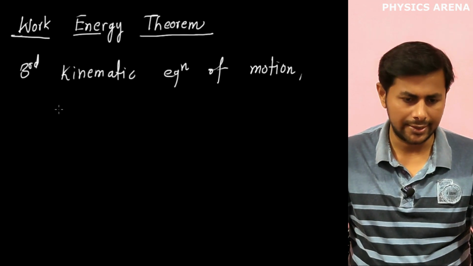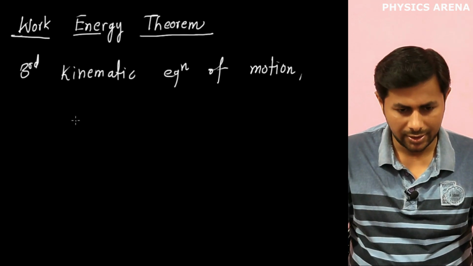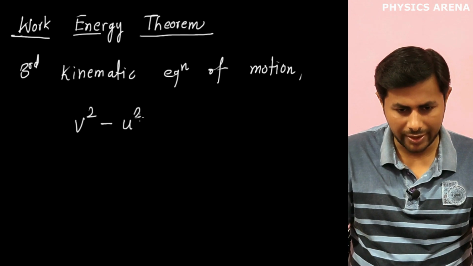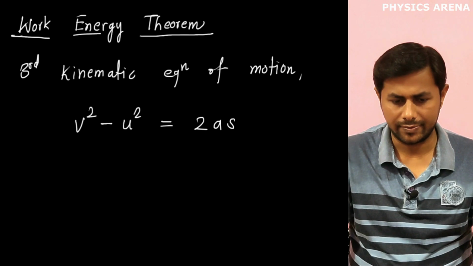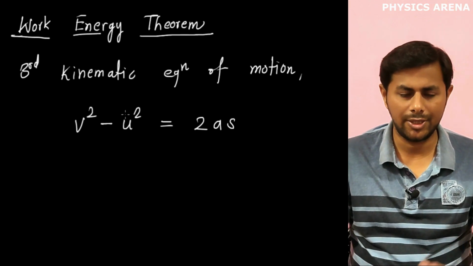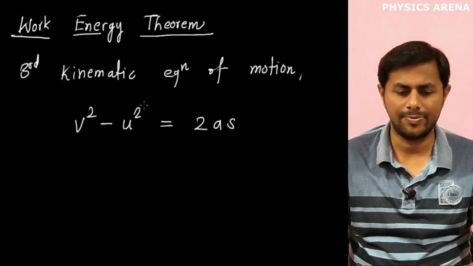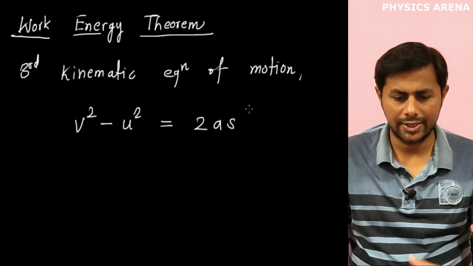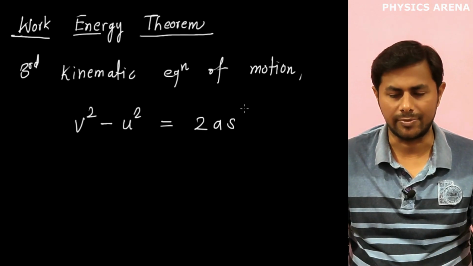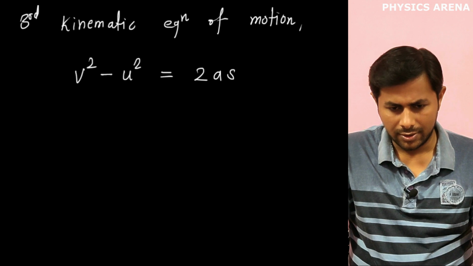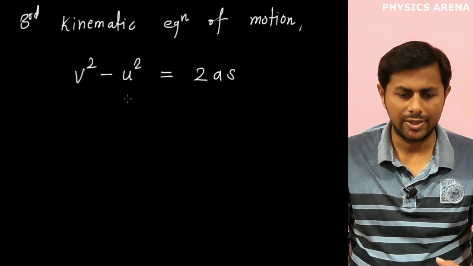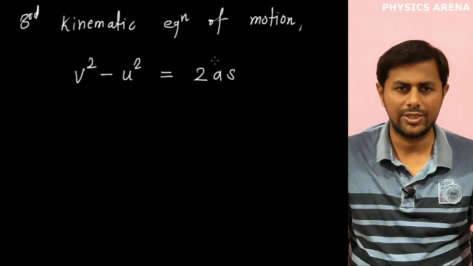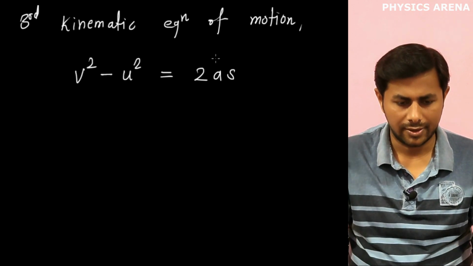We know that the third kinematic equation is v squared minus u squared equals 2 times a times s, where v is the final speed, u is the initial speed, a is the acceleration, and s is the displacement. Now I can take this 2 on the other side and multiply each term of this equation with m, the mass.